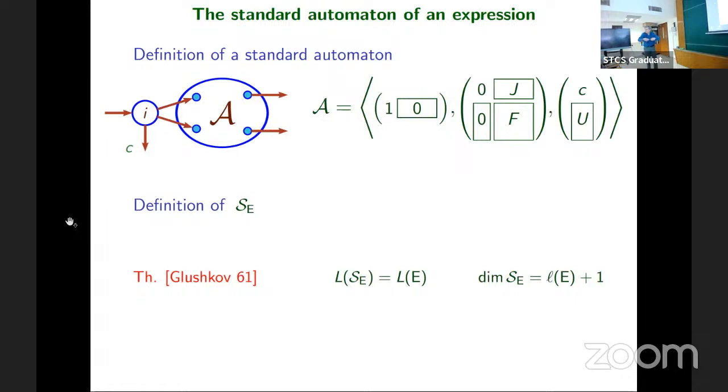Because it's something very closely related. And it's folklore that the closure, that is, if you correctly eliminate the epsilon transition in the Thompson automaton, more precisely with a backward closure, then you will get exactly this standard automaton.